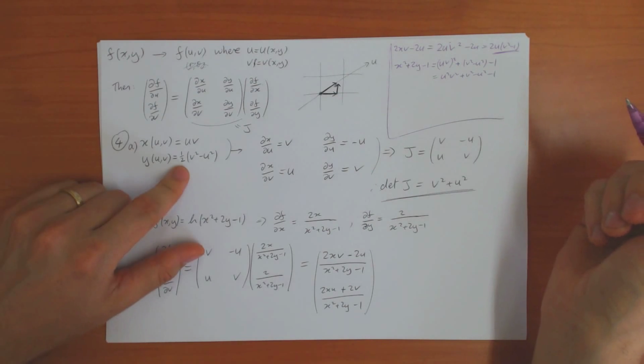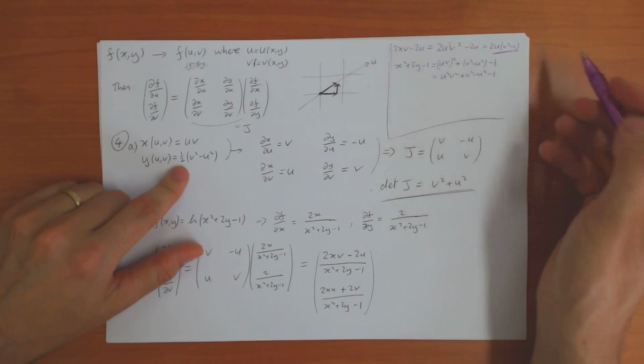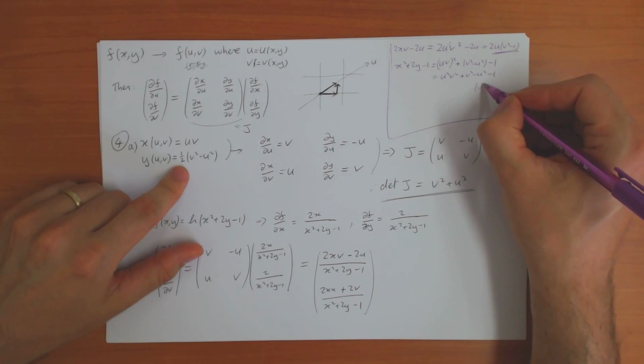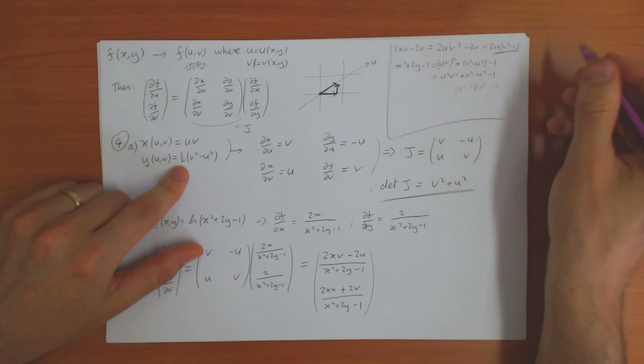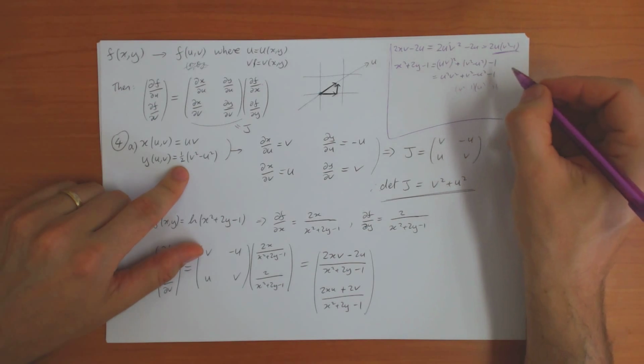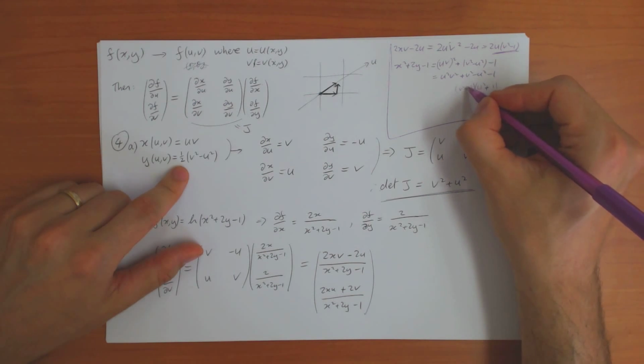Don't think we can do anything with that. Can we factorize? Probably does, doesn't it? v squared (u squared plus 1) minus (u squared plus 1). That will work.